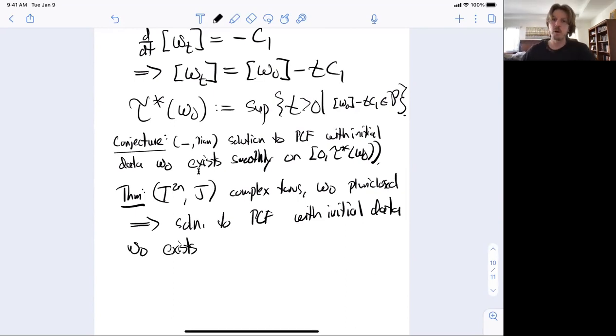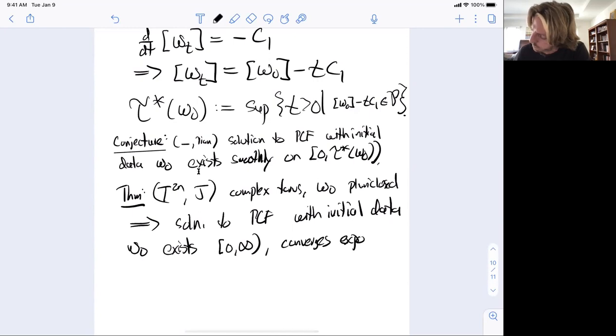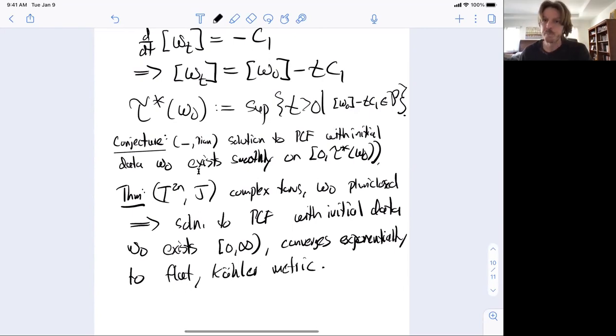So it's a torus, right? So c_1 is 0, so tau star is infinity, and you expect it to exist for all time. And that's true, and it converges exponentially to a flat Kähler metric. Okay.